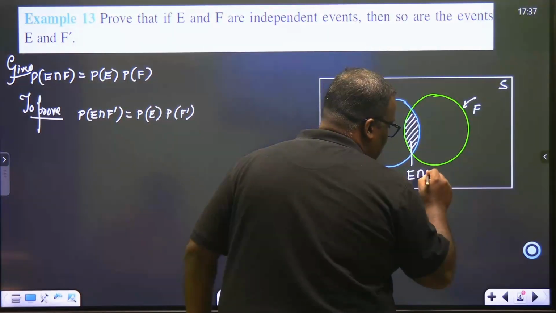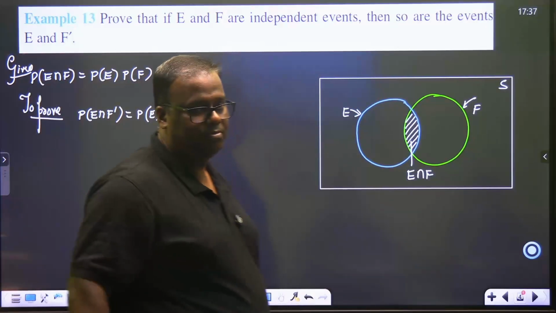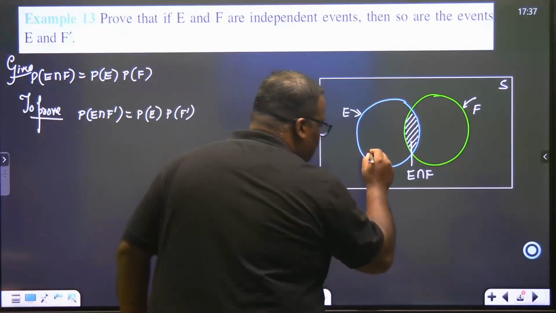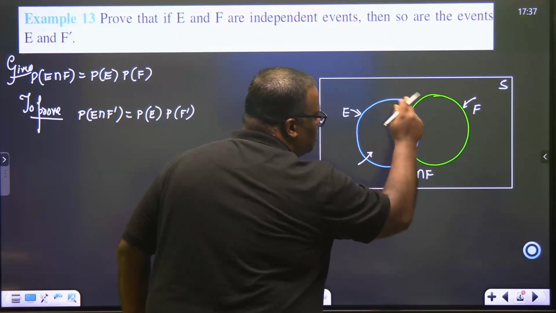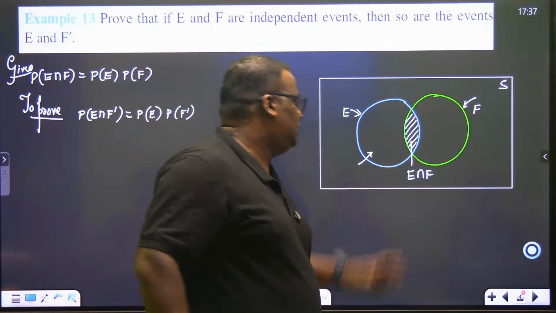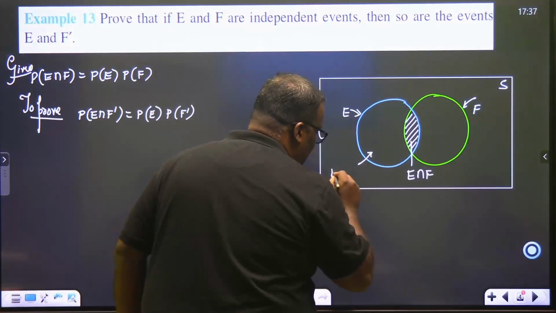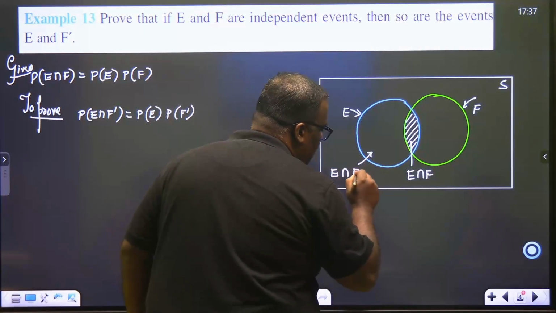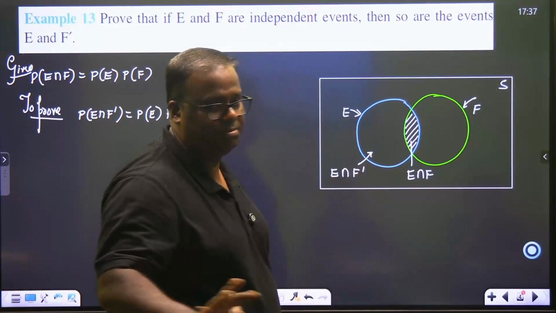E intersection F. Okay. What is this portion? This portion means the broken portion. Okay. This should be, according to me, E intersection F complement.